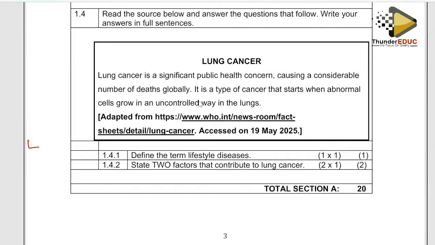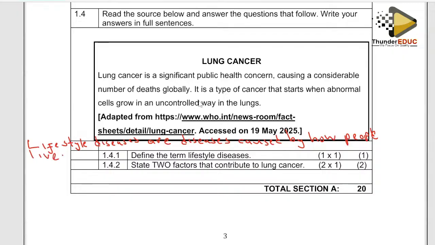Lifestyle diseases are diseases caused by how people live.